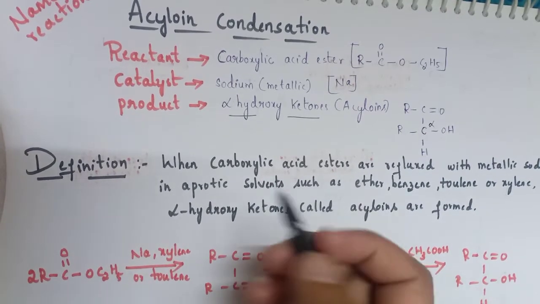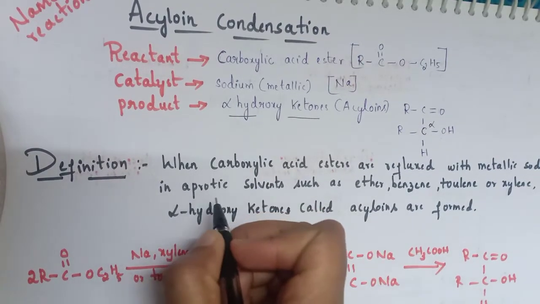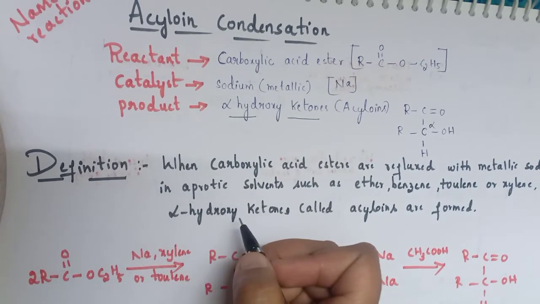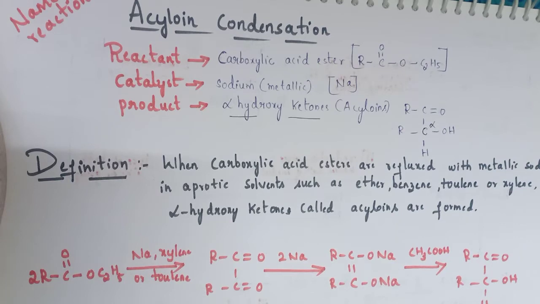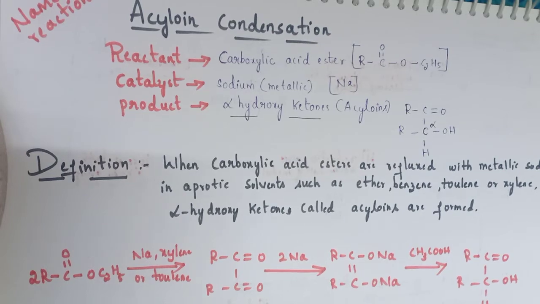Why are we using aprotic solvents only, why not protic solvents? Before that we have to know what aprotic solvents are. These solvents do not contain OH and NH bonds, and they cannot form hydrogen bonds themselves.